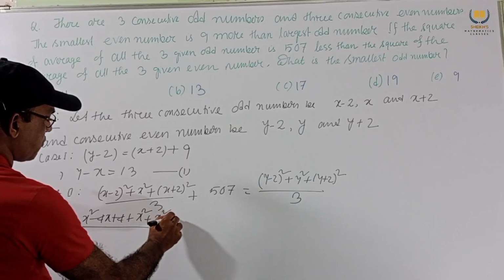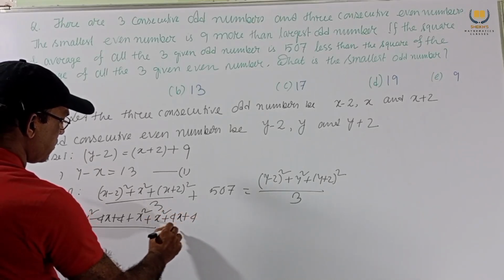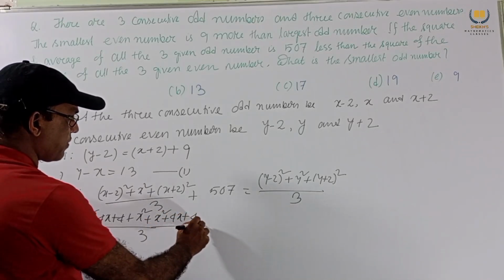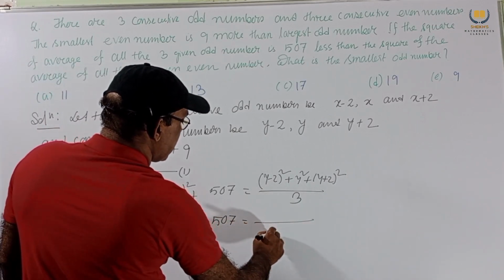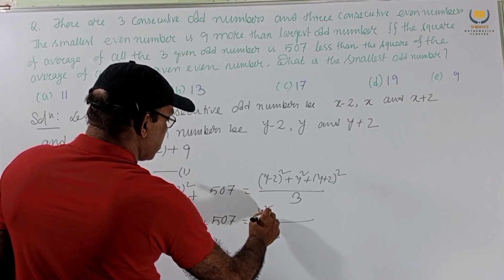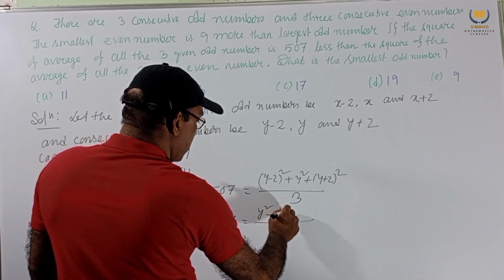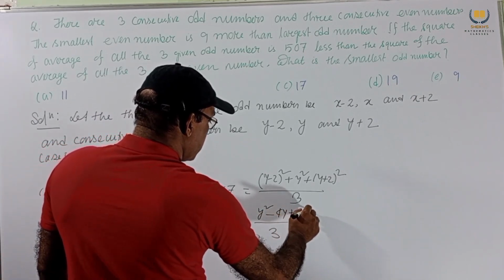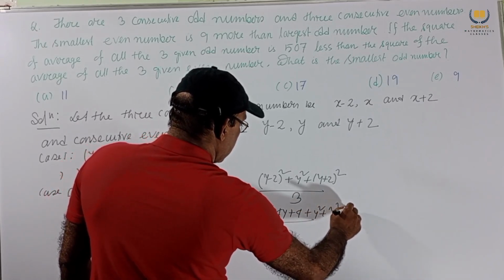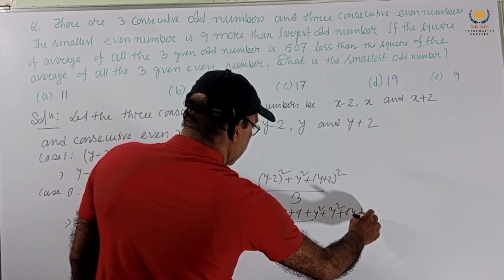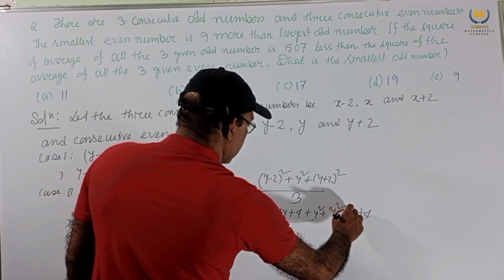So x square plus 4x plus 4 over 3, plus 507. Similarly, for the even side: y square minus 4y plus 4, plus y square, plus y square plus 4y plus 4.